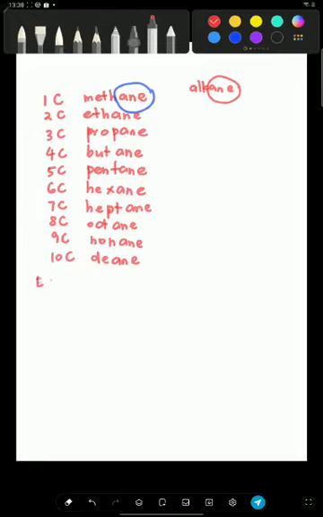Okay. So for naming, example 1, I just give one example. There are few rules to give a name for alkane. Rule of naming.